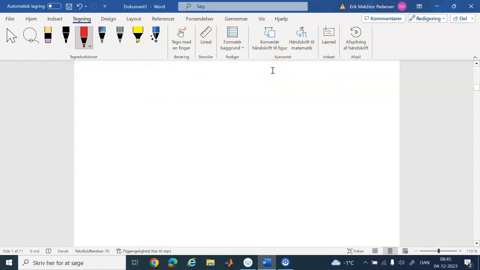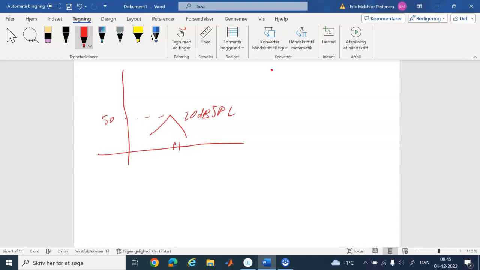Then I can talk about tuning curves. You have a specific place on the basilar membrane. If you activate with, for instance, 20 decibels, there will be an increase at the maximum, at a peak of maybe 50 here, and if you go up to 80 decibels SPL, the peak here will be about 80 decibels.